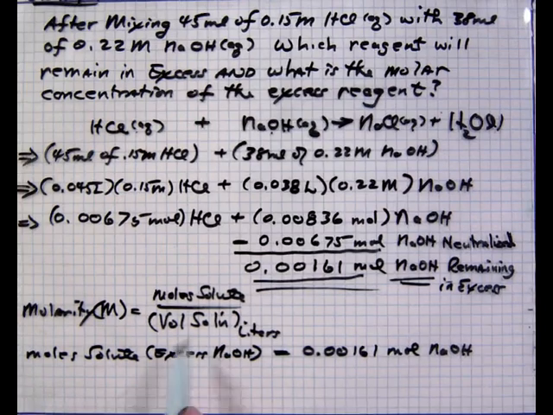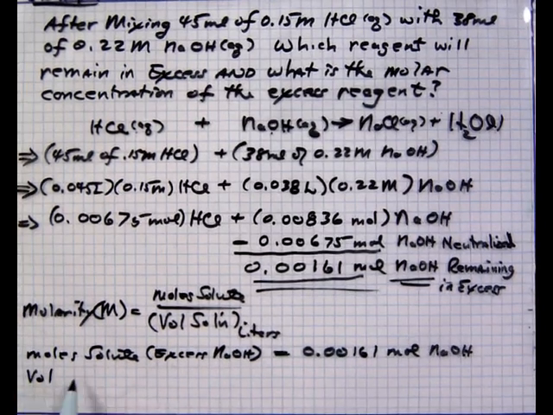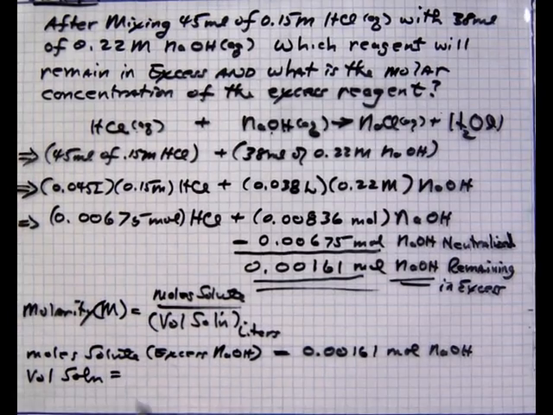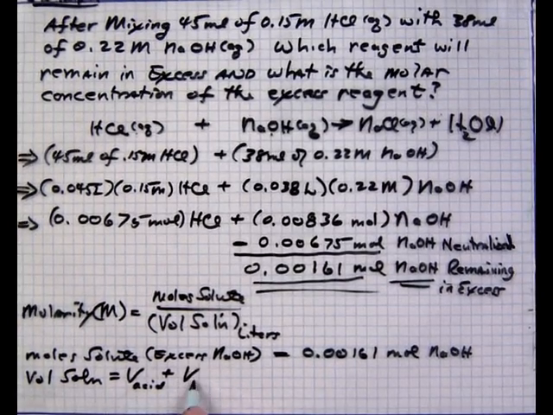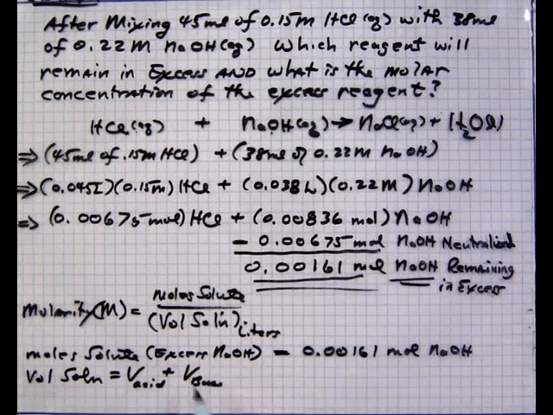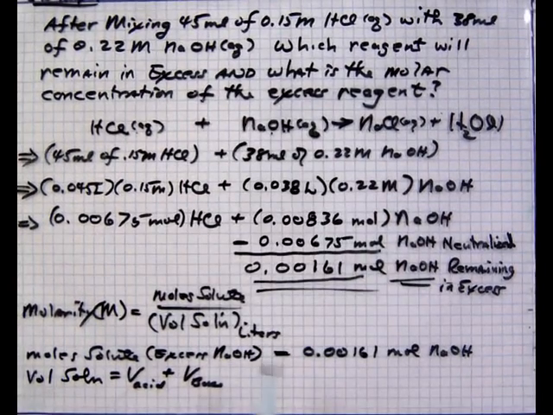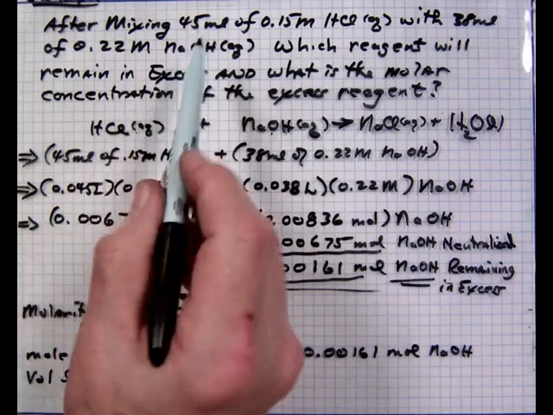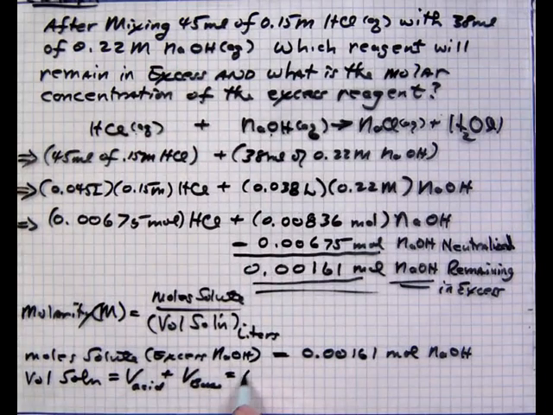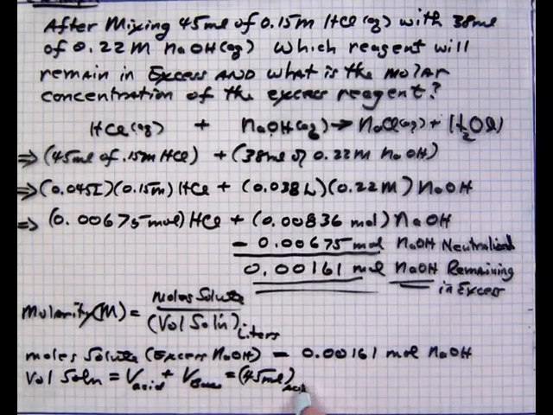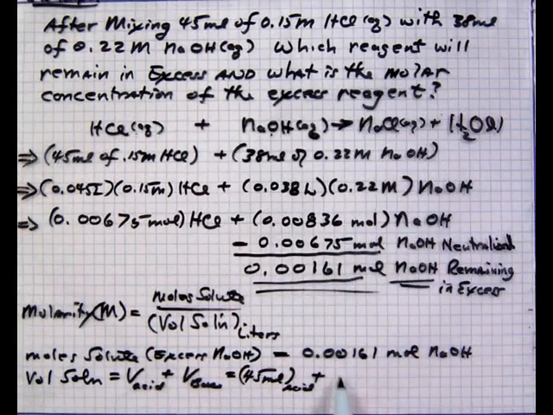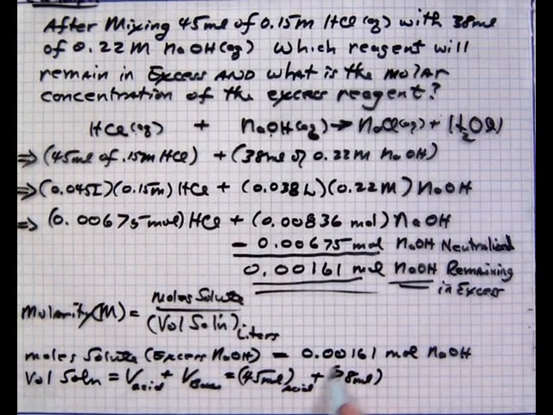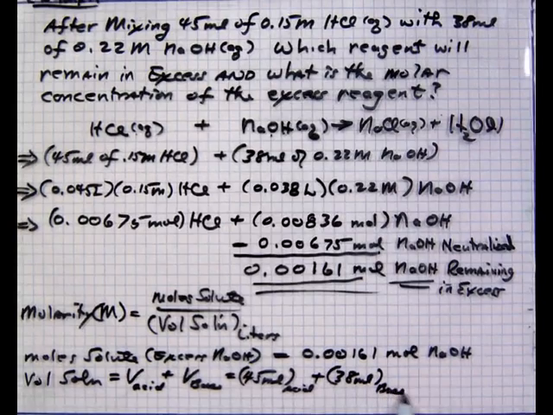Okay, the volume of solution is the volume of the acid plus the volume of the base. That's you poured one on top of the other. In milliliters, you added 45 milliliters of the acid plus 38 milliliters of the base.